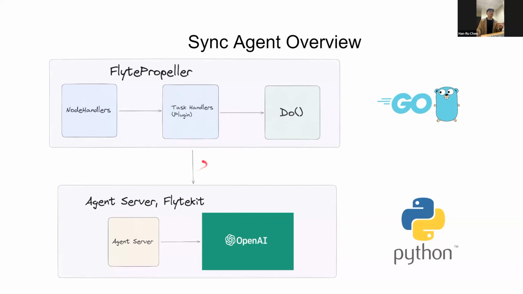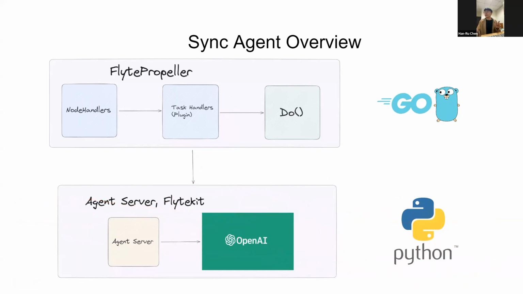But right now, if we use the agent server, the agent framework, you don't need to understand how Flyte Propeller works, but you can still develop the plugin you want. It's all written in Python, in Flytekit. So the first benefit is that it is written in Python and it is far easier to develop, and you don't need to understand how the Flyte Propeller architecture works.